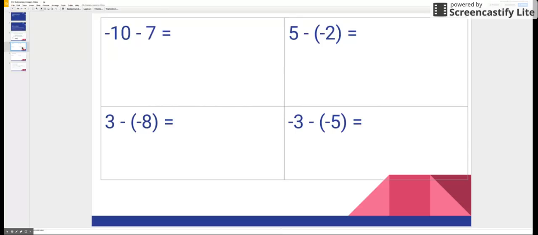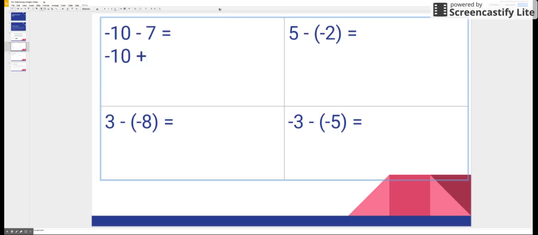Here we have some examples of subtraction problems. So we have -10 minus 7. First thing I'm going to do is keep that -10. Just going to drop it down, keep that -10. Then I have minus 7. So what I'm going to do with this 7 is add its opposite. So that minus sign is going to change to an addition sign. I'm going to add the opposite.